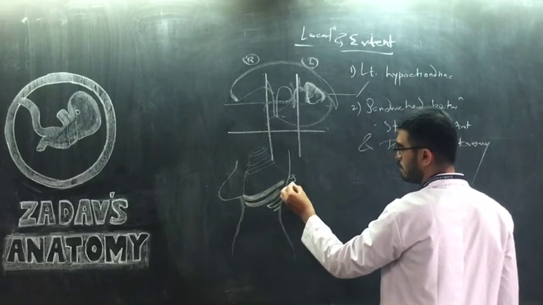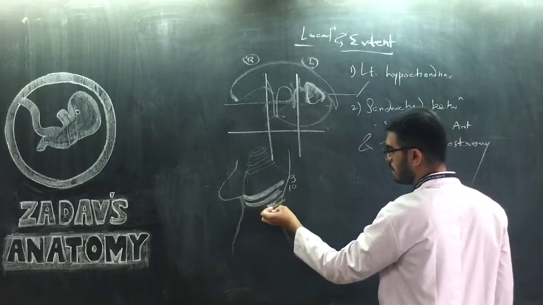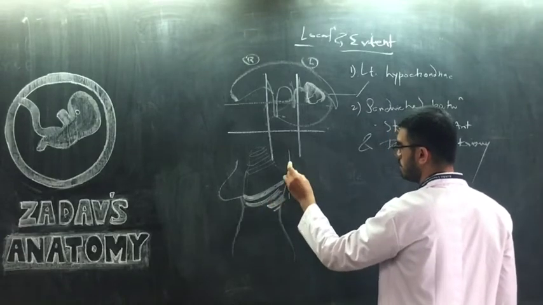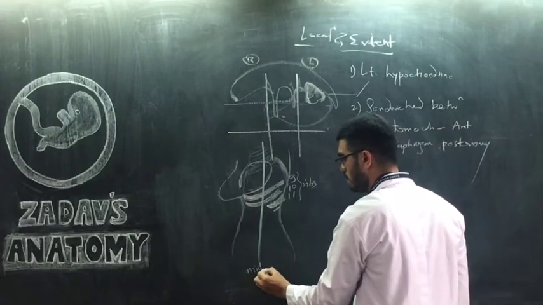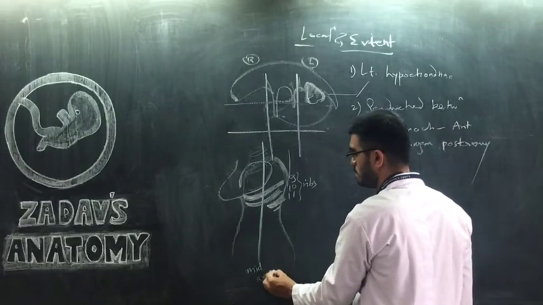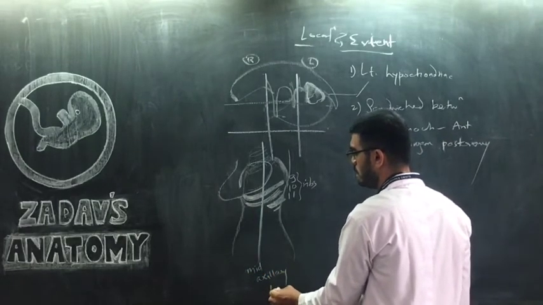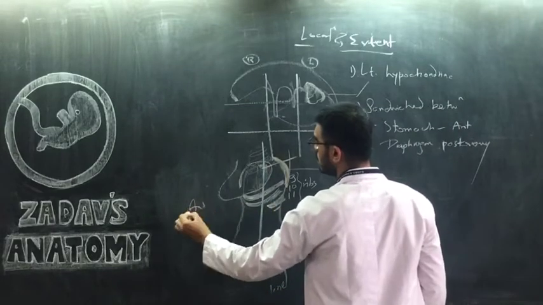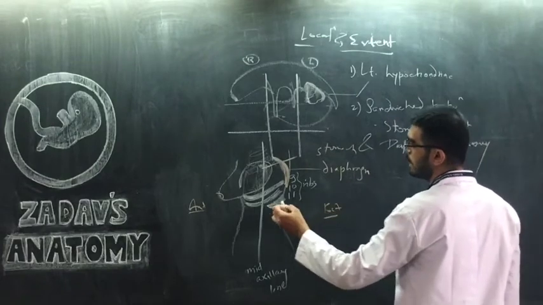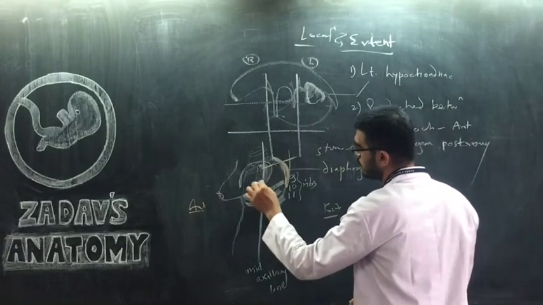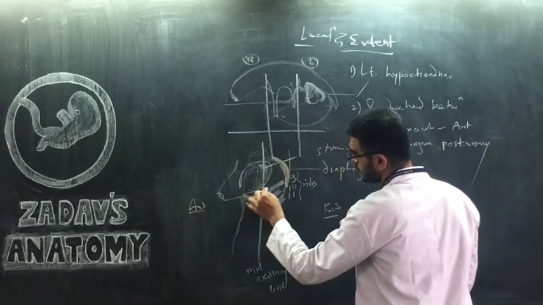The 11th rib, yeah? The mid-axillary line. So it lies behind the mid-axillary line. This is the anterior part. This is the posterior part. And the spleen would be somewhere over here, lying between the 9th, 10th and the 11th rib.